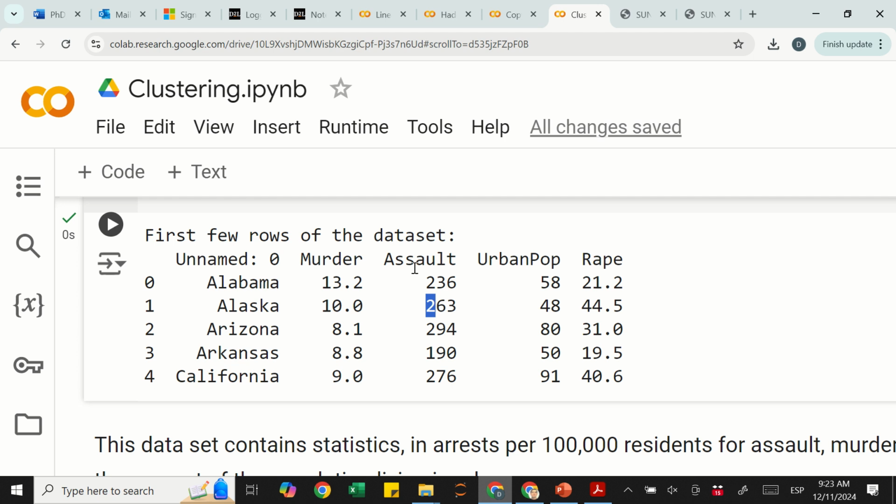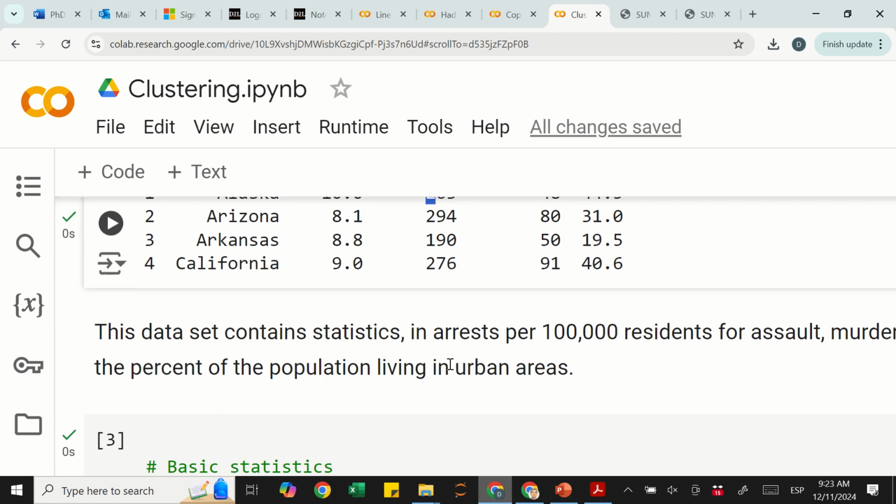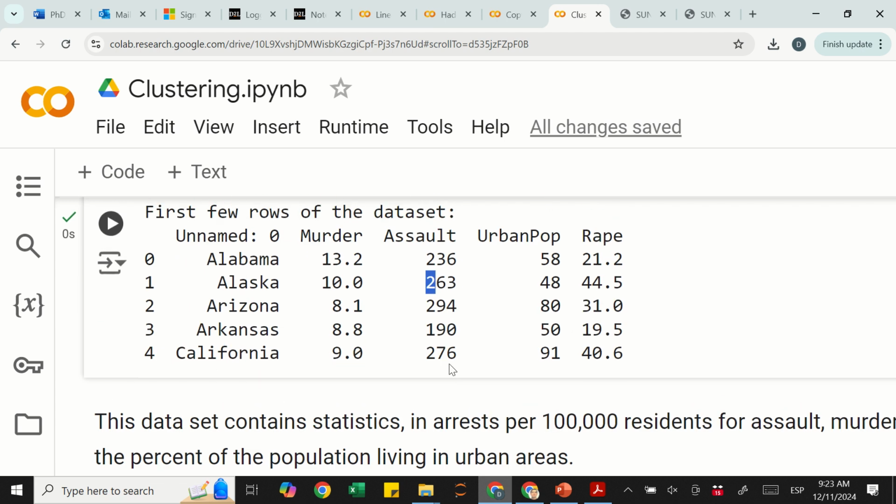So it doesn't make sense to combine them in the same distance unless you standardize the data before. So it's important to pre-process your data so you can standardize the data in a way in which they are treated the same.